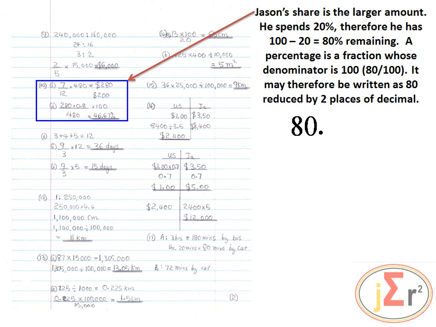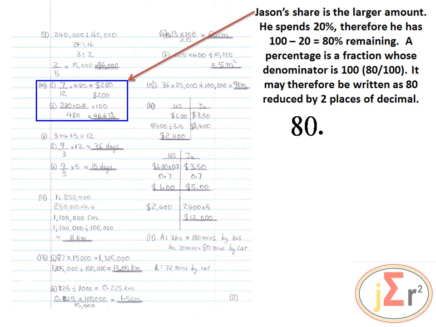Do not forget that when we see this written 80%, we are talking about a fraction whose denominator is 100, because we are saying that a percentage means out of 100.